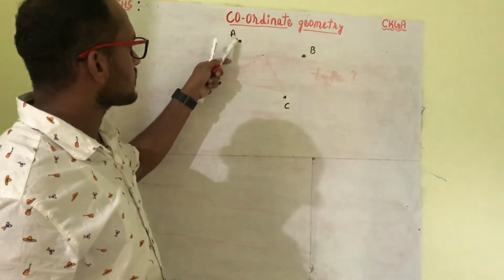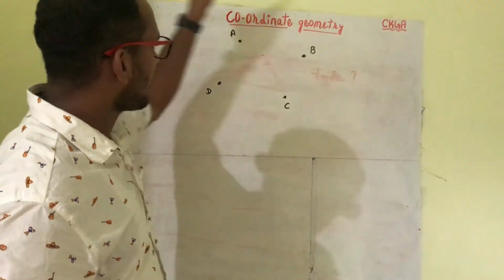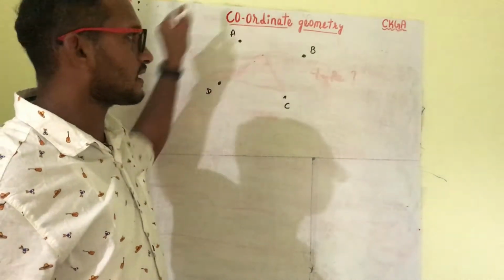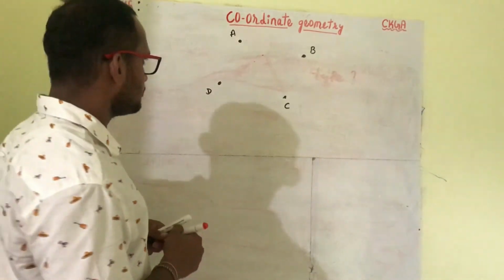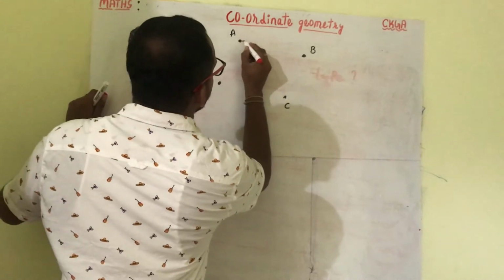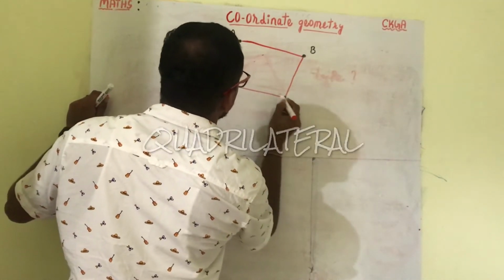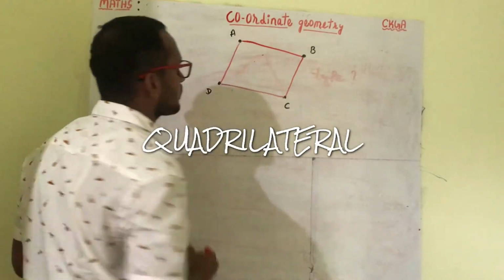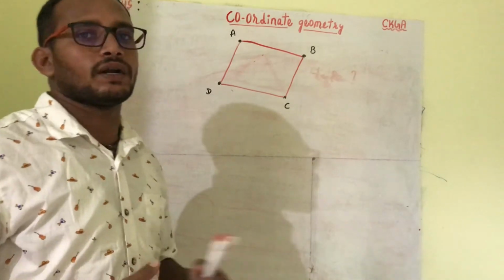Please don't write them randomly. You can mark either clockwise or anti-clockwise, but you have to mark them in a consecutive pattern. You just join AB, join BC, join DC, and join AD. The shape you get is a quadrilateral.